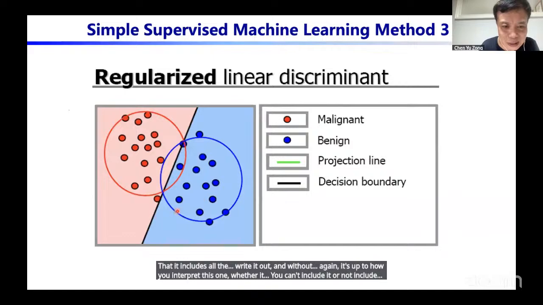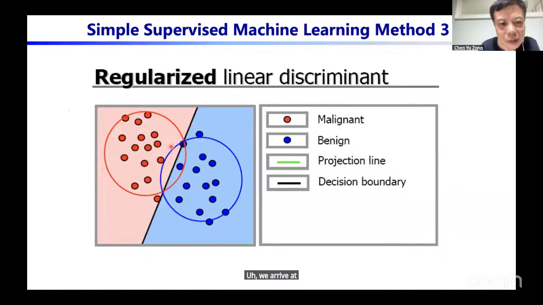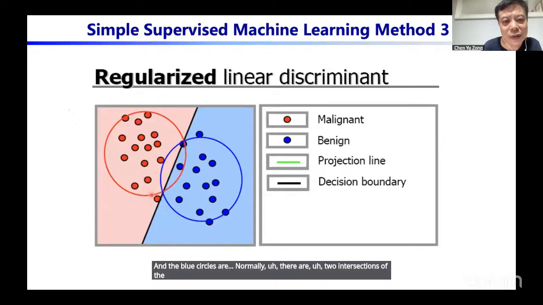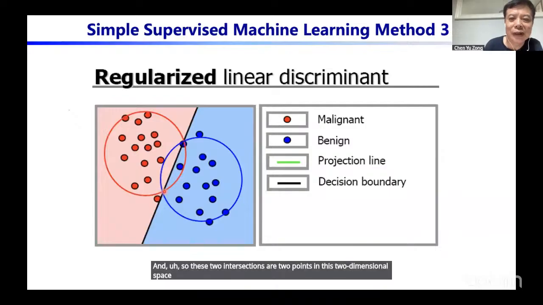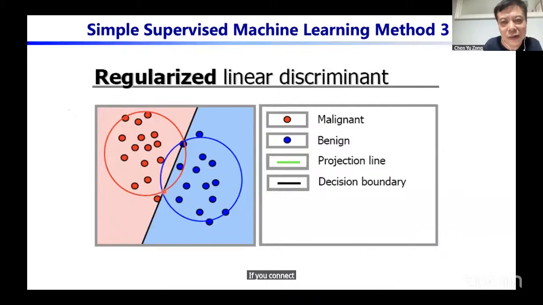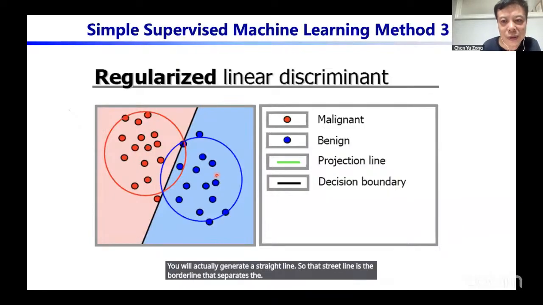So essentially, we arrive at these two circles, the red circle and the blue circle. Normally, there are two intersections of the two circles, and these two intersections are two points in this two-dimensional space. We know that if you connect any two points in the two-dimensional space, you generate a straight line. That straight line is the borderline that separates the red from the blue samples.